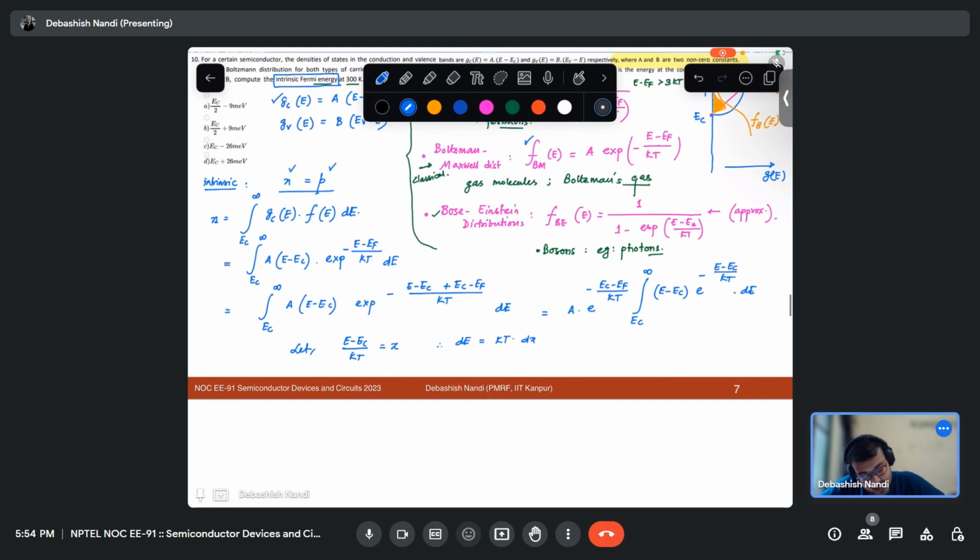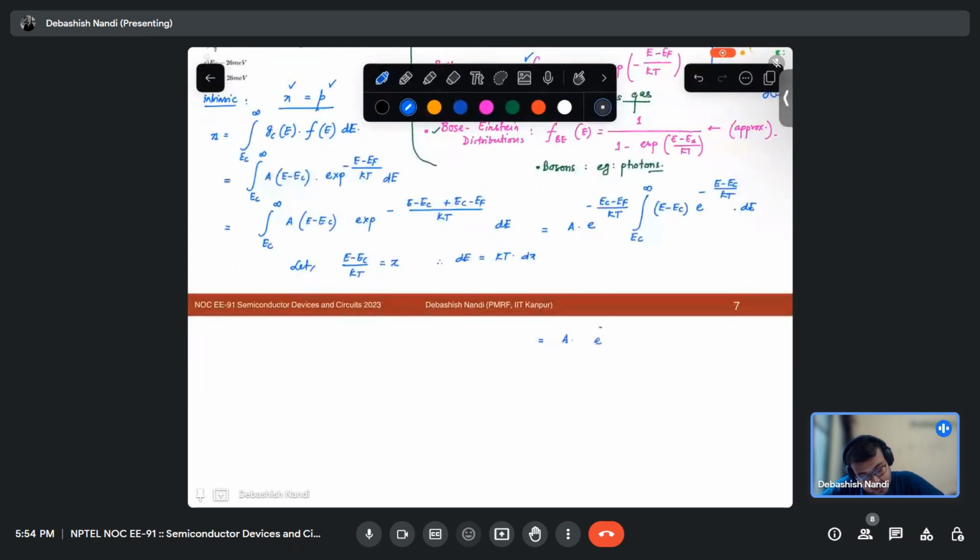So I can simply write A to the power minus EC minus EF over KT, integration, and the limit will become 0 to infinity. E minus EC will be x into KT, e to the power minus this will be e to the power minus x, and dE would be KT into dx.